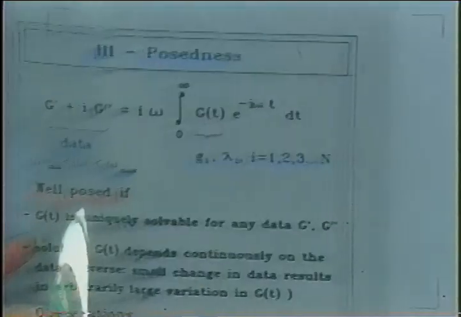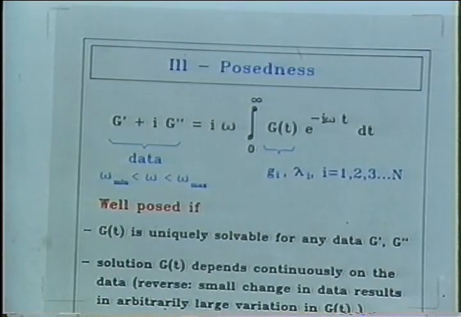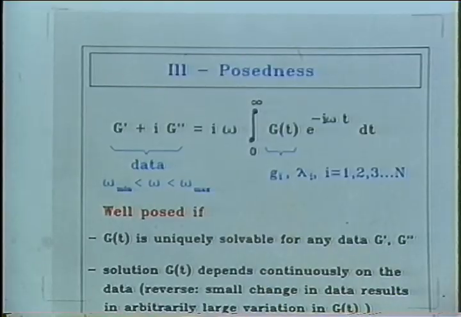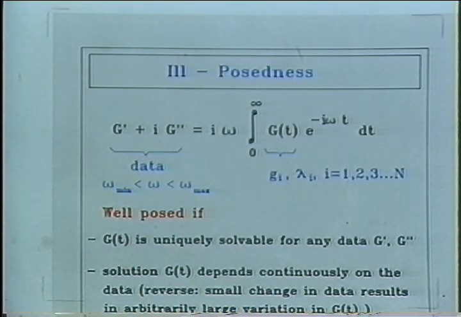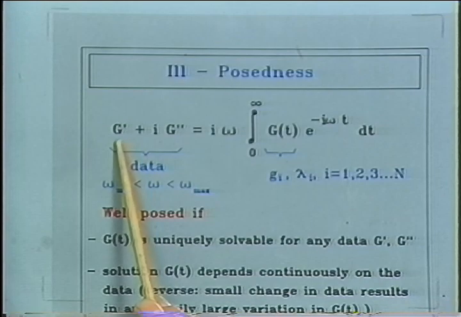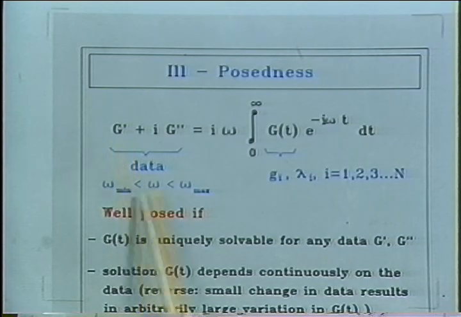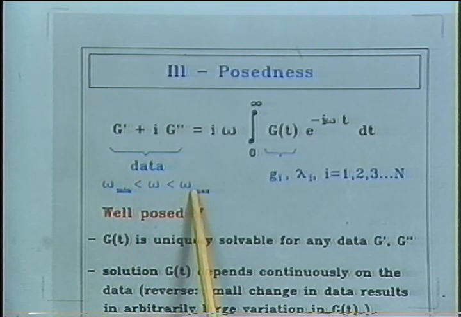Let me discuss a little bit about ill-posedness. The problem is something like this. We have a data set, G prime, G double prime. The data are limited to a certain frequency range.